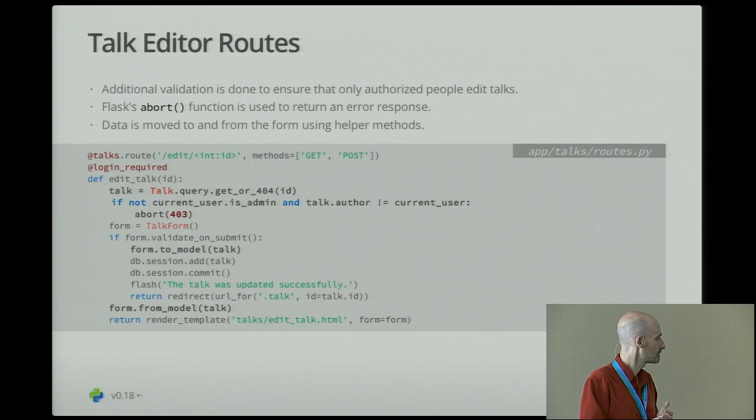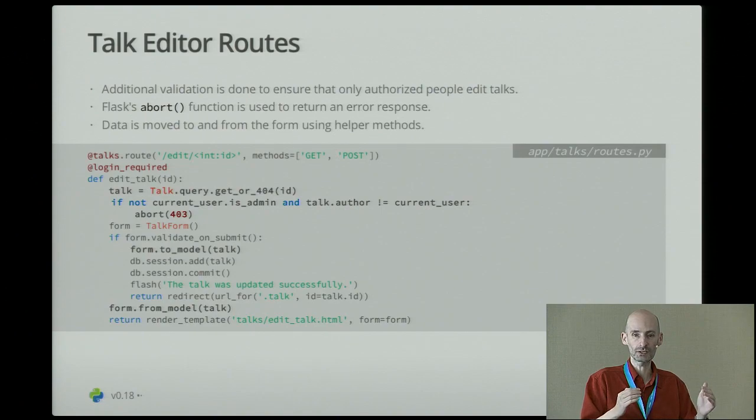The other somewhat interesting thing: if you remember in the previous forms that I showed, I was moving data between form and model one by one, each field on a different line. This form has a large number of fields, so this function would get pretty long.